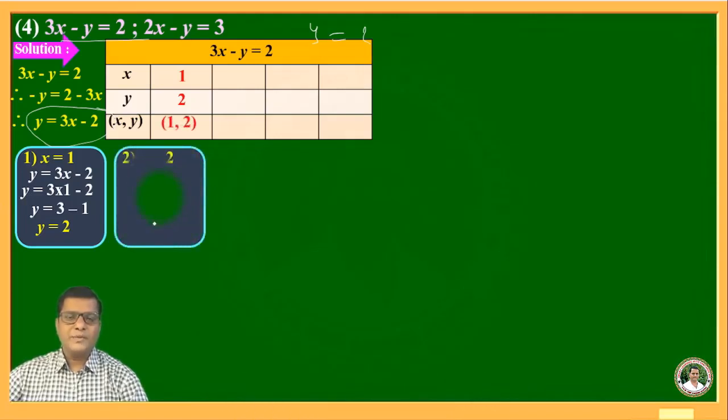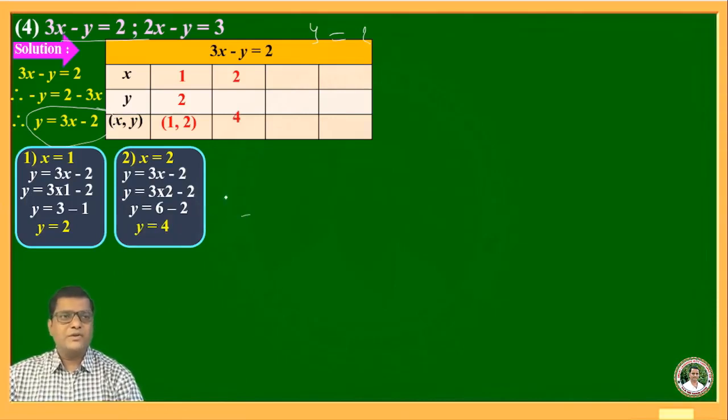Next, take the value of x is 2. Then substitute this value in the given equation. Simplify it. We will get the value of y is 4. Write this value of y is 4 in the table. The coordinates of the point are 2, 4. Next, take the value of x is minus 1.